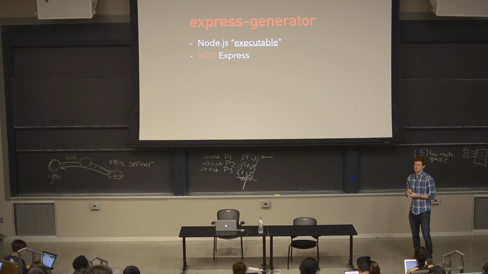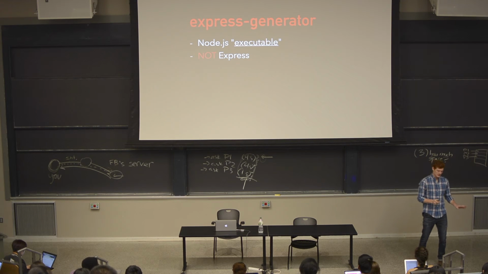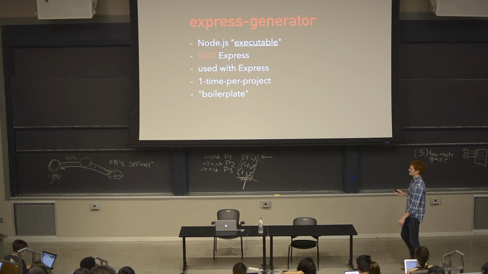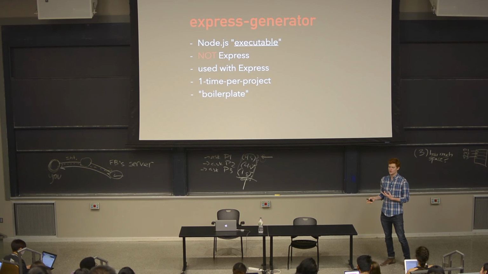It's not Express. Okay, it's totally different. It's used with Express, and it's 1 time per project. Basically, it sets up a scaffolding or boilerplate for your Express project. But basically, the first time that you want to start a project, you run Express Generator, and that's the only time you use it. Once per project.